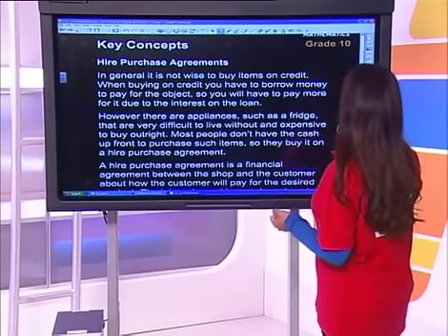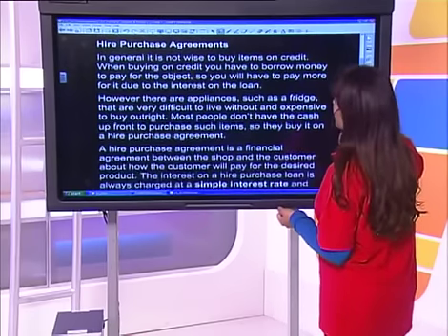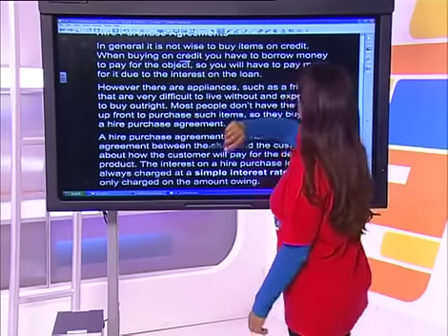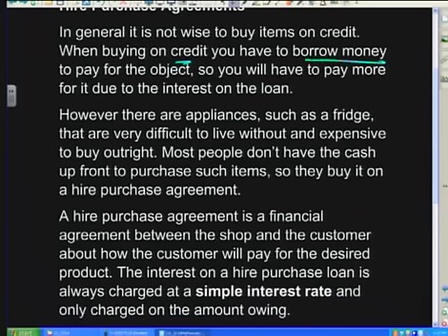As I said, generally not a wise idea to buy items on credit, because obviously when you buy on credit, you have to borrow money, and obviously people aren't going to lend you money for free. You will then have to pay interest on whatever amount you owe. So you might end up borrowing money for 5,000 Rand, but then find, okay, well, I'm paying back maybe 10,000 Rand, which is why credit is not always the best idea.